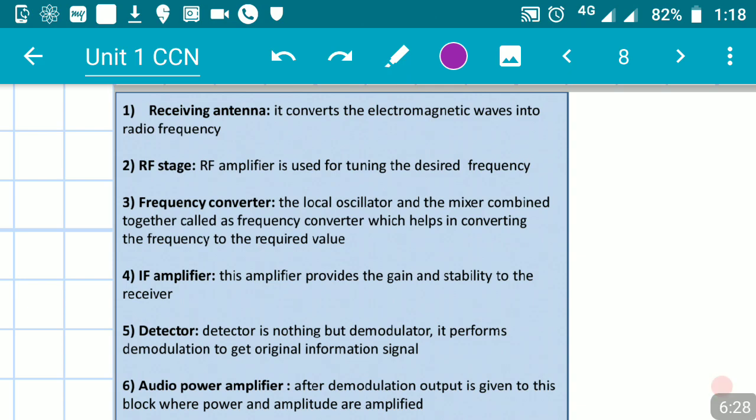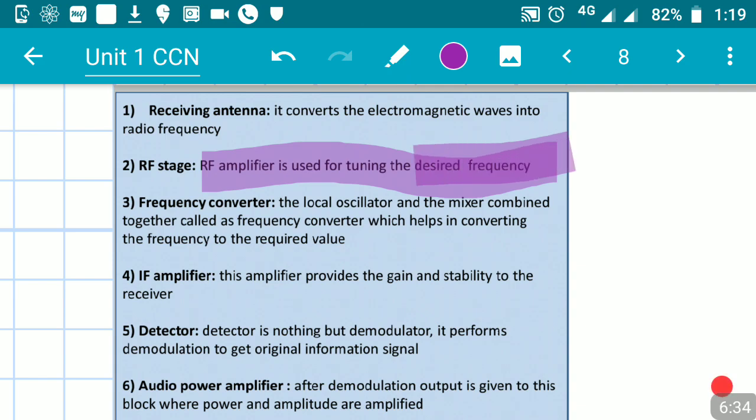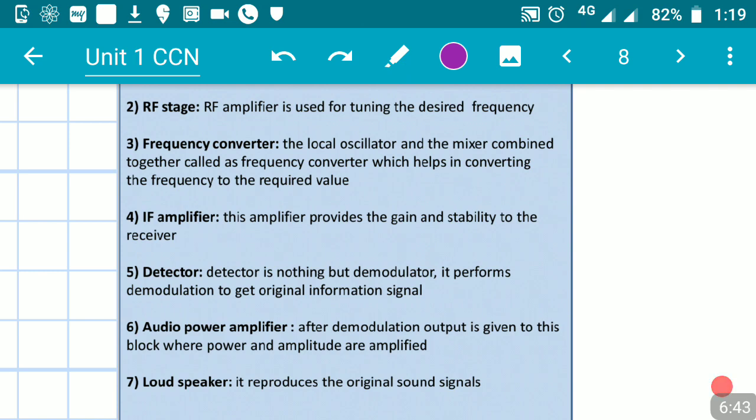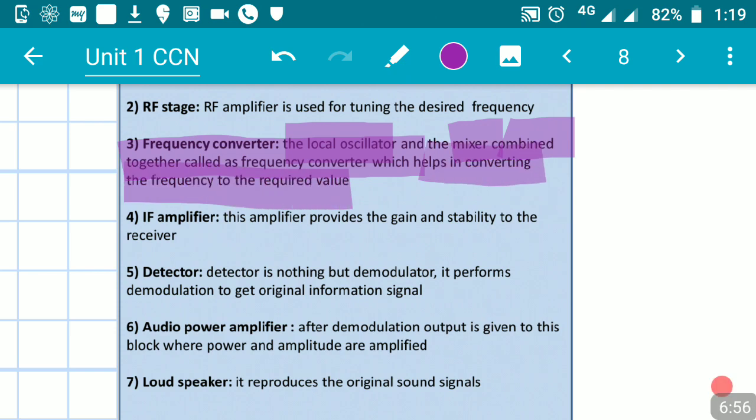The RF amplifier is used for tuning the radio to the desired frequency. Then coming down to the frequency converter. What is its function? The local oscillator and the mixer put together are called the frequency converter. They help in converting the frequency to the required value.